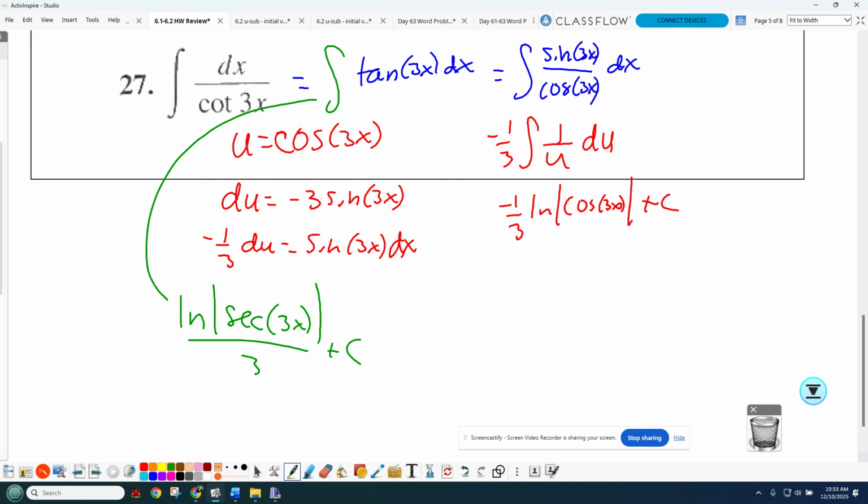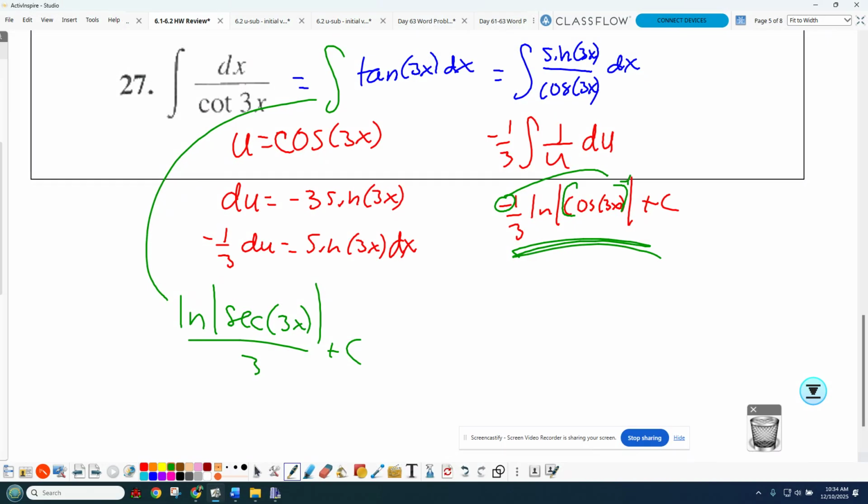Is it the negative can go into the ln? Negative on this guy is 1 over cosine 3x, which is secant. And then, like, the derivative of tangent is secant squared. The integral of tangent is natural log of secant. Like, I like that tangent and secant are friends and they stay that way.